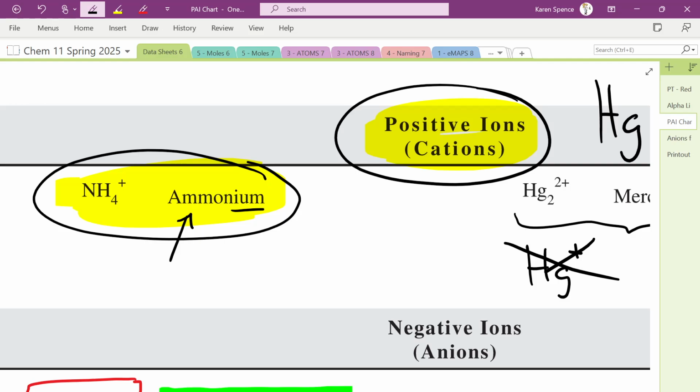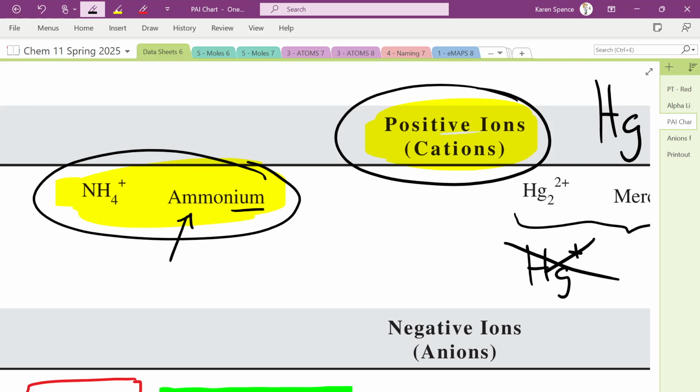Calcium, sodium, lithium, barium, aluminum, okay, or at least close.